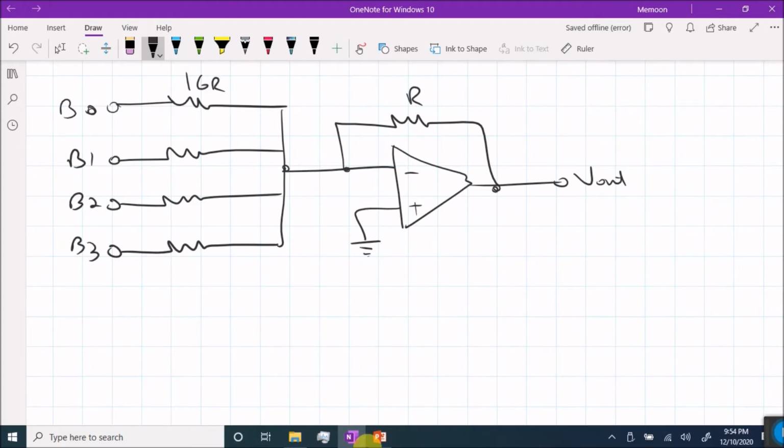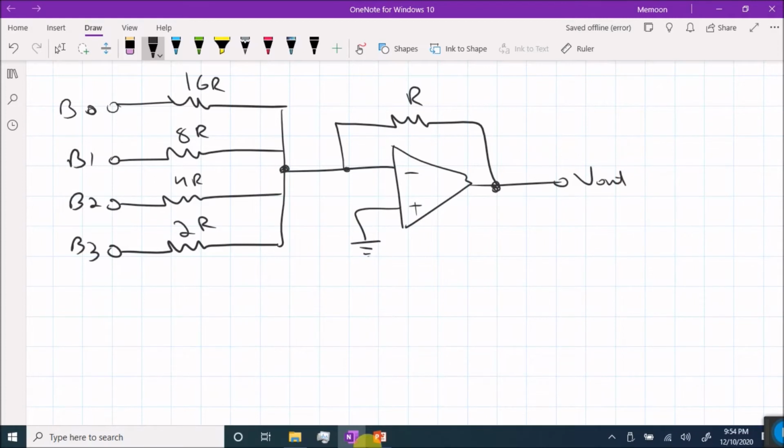The one that is connected with B1 is equal to 8R. This is 4R and this is 2R. And if we see carefully, this circuit is nothing more but a simple inverting summing amplifier, a weighted sum of all the inputs.